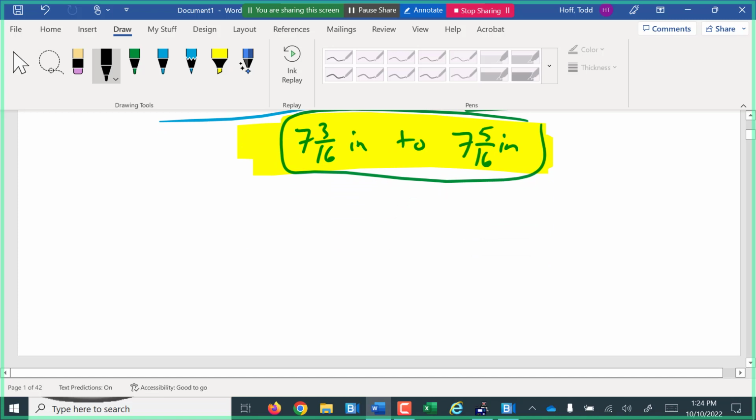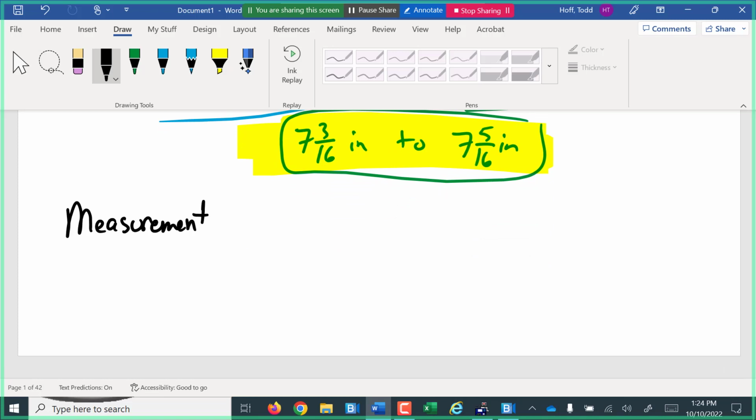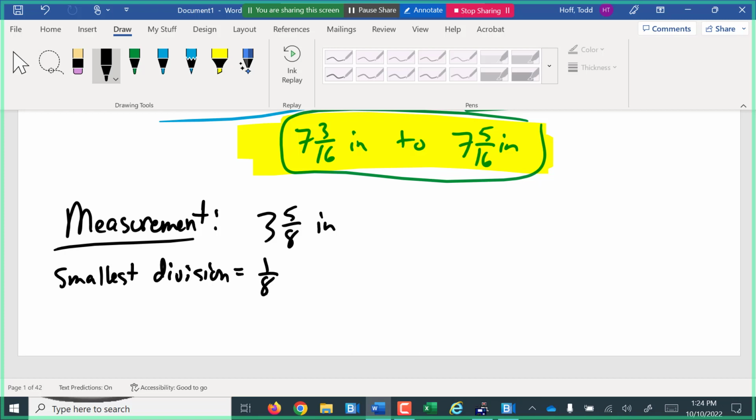Or we can be given a measurement of, let's say, 3 5/8 inches on a device with a smallest division of 1/8 inch. If the smallest division is 1/8 inch, the degree of precision is just the smallest division. So the degree of precision is just 1/8 inch.